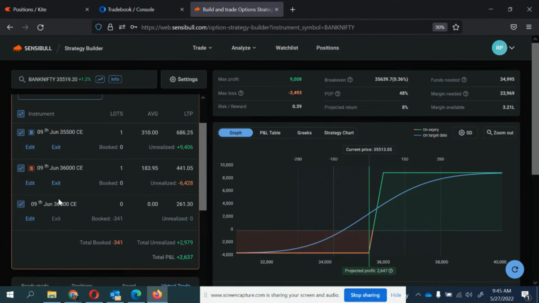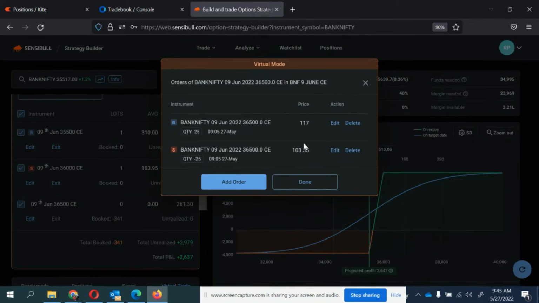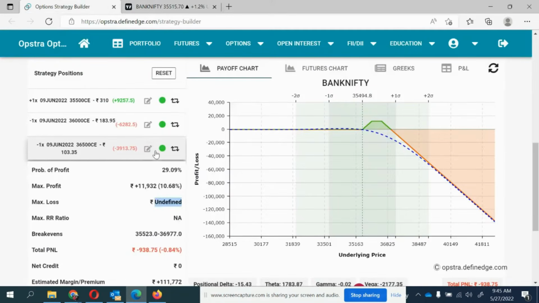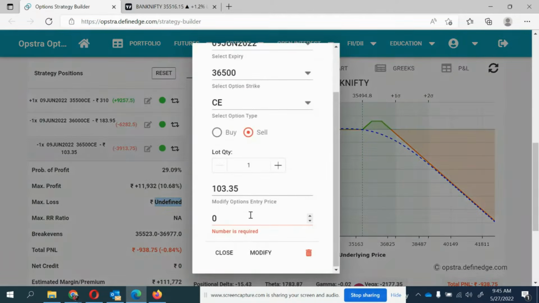I squared off this leg yesterday almost at the close of the day at 3:20. This was my original trade. Yesterday at 3:20 I squared off this leg. The moment I do this, it converts to a debit spread, because this was 1 buy and 2 sold positions.